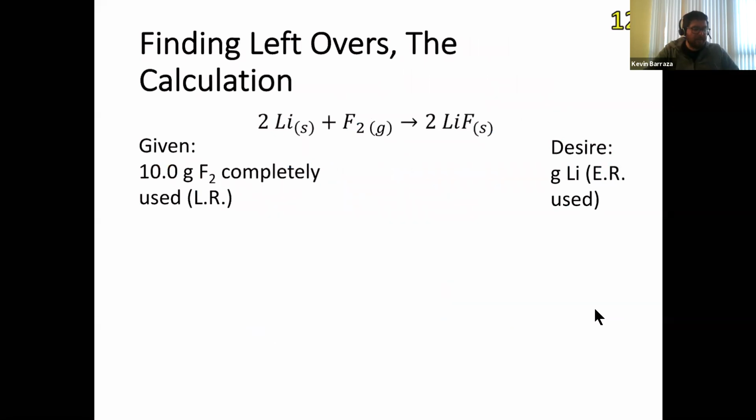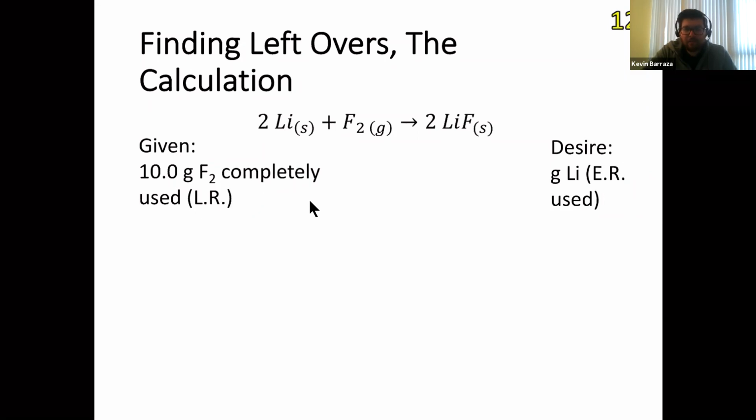So here are the Givens one more time. 10 grams of fluorine is my limiting reactant given, right? And it gets completely used up. That's what limiting reactant means. It means that it stopped the reaction because it got consumed. So now our desired, instead of being the product, is how much of the other reactant is going to be used when combined with this much.